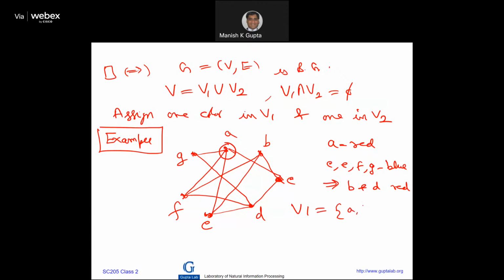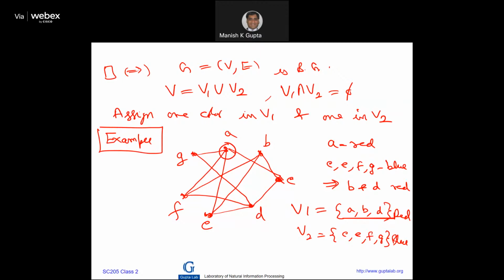V1 is equal to A, B, D, and V2 is equal to C, F, and G. We need to remember that no two adjacent vertices have the same color.